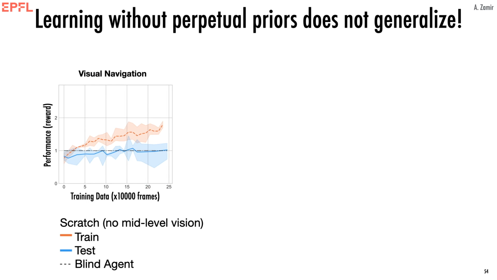So like I said, I'm not going to show you quantitative analysis, but there's one thing that is important: using these visual cues is not only beneficial but also critical. Here you can see the performance of train and test; these are the rewards. The red curve shows the reward during training in the training space, and blue shows that for the test space, and the dashed line shows the blind agent.